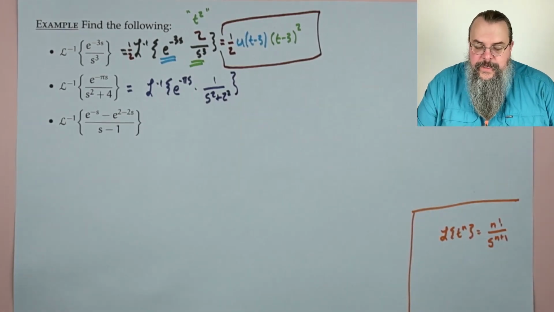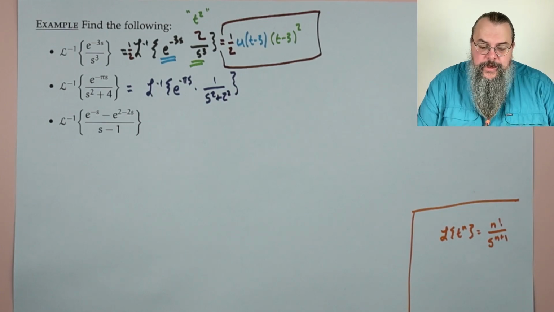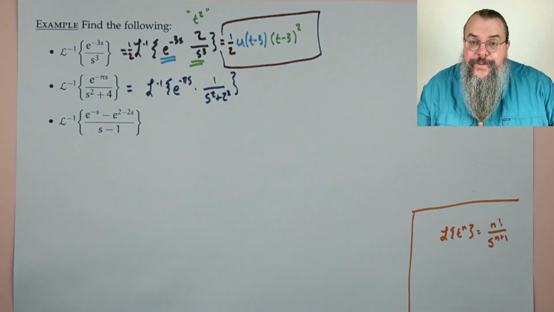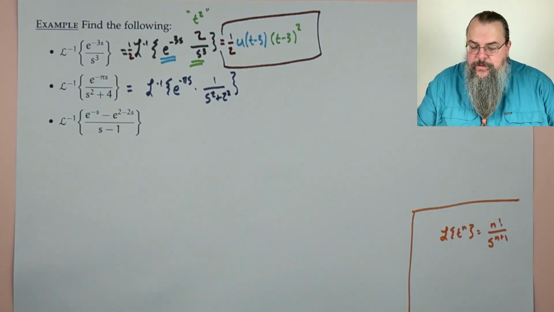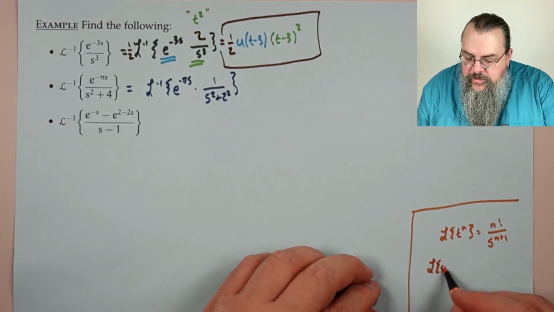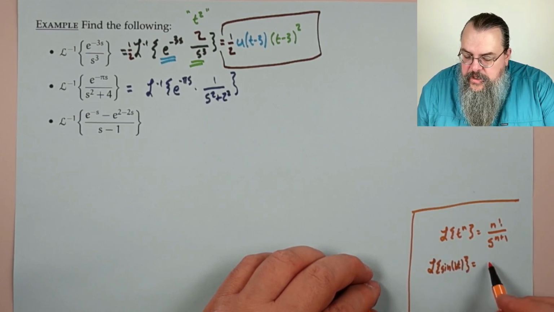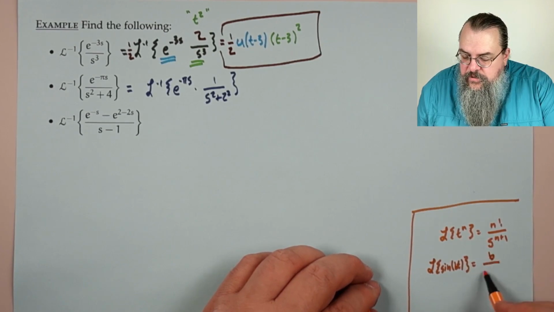All right, now, does that look like something? Well, when we look at our table, it does look like something on our table. Namely, if you look through your collection of rules, one of your rules looks like sine of bt. And what is that? Well, that's going to become b over s squared plus b squared.